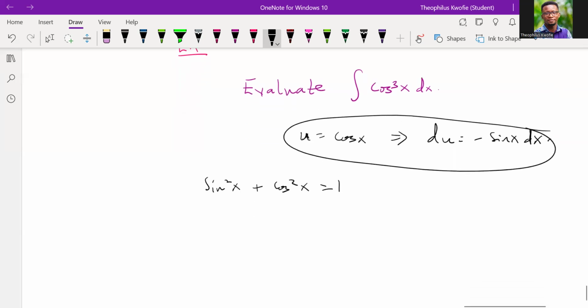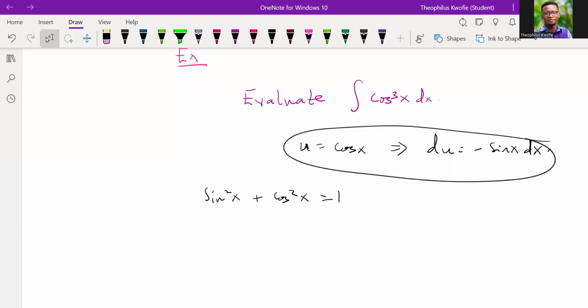Now, basically what we are going to do is convert the integrand, which is cosine cube of x, in a way that we can deploy such a term. So let's see how we are going to treat that. The cosine cube can be written with a factor of cosine, so that we can use this now.